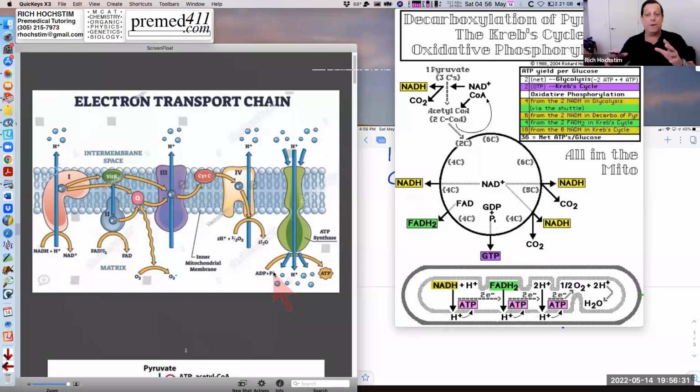It does so by using the high concentration of hydrogen ions that has been pumped out of the matrix. This is called oxidative phosphorylation. It is a non-chemical mechanism. It doesn't involve bond energies. And it produces the most ATP in this entire process.